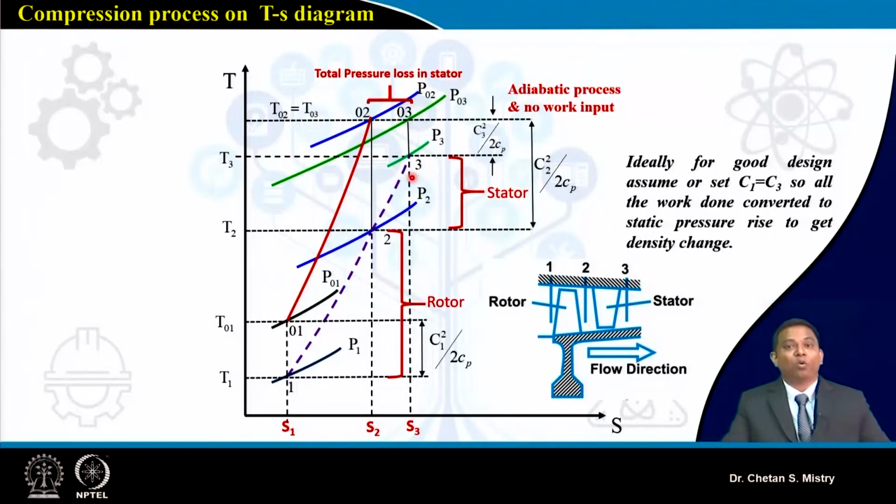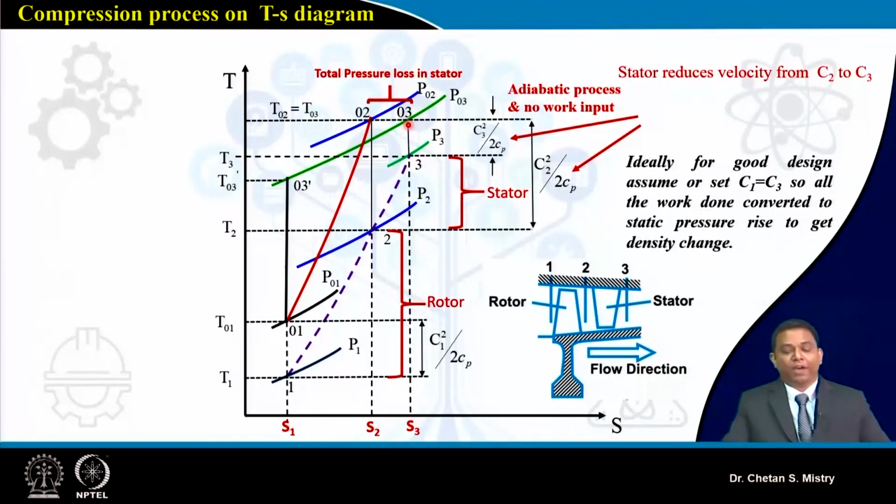Now, as I told, we are more interested in total properties. So if you look carefully here, station 01 to 03 dash is representing my isentropic process. And if I join 01 to 03, that's representing my actual process that is happening in my stage.